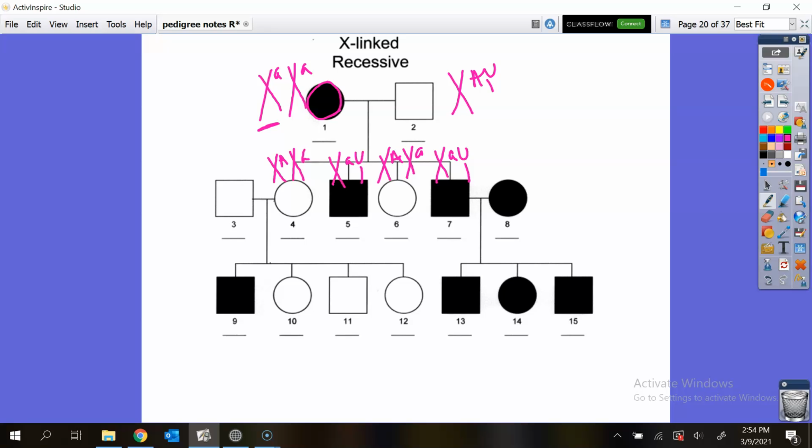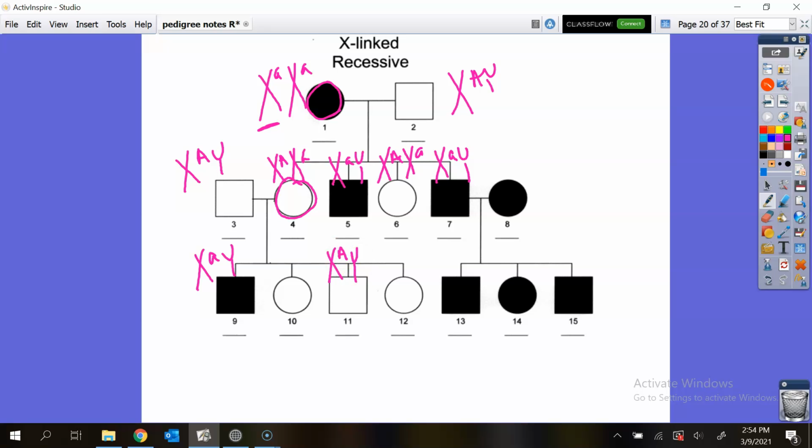Now, let's start over here. So this daughter marries a man who doesn't have it. So men either have it or they don't. So he would be that genotype. Now they have a son with it. So the son would have received that allele from mom and this from dad. Now this son doesn't have it. So that son would have received this allele from mom and this from dad.